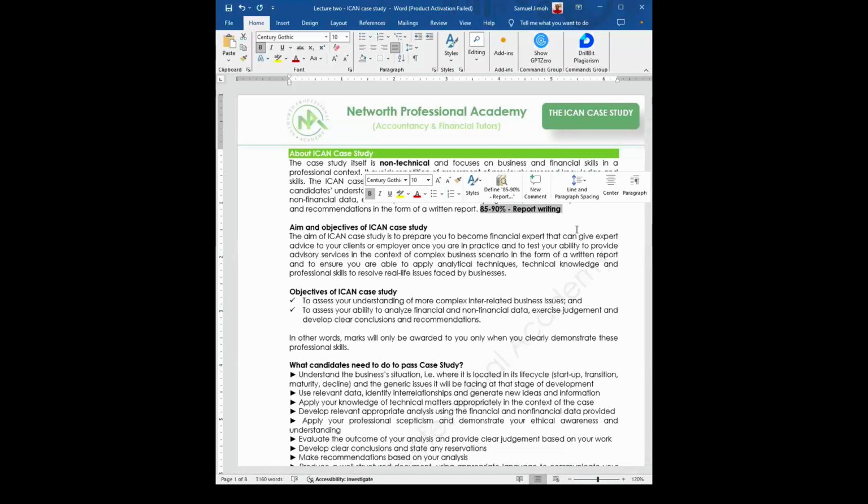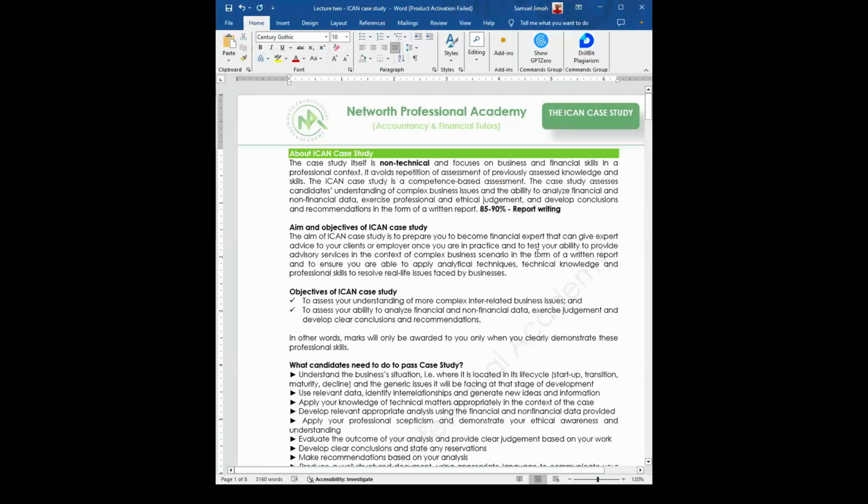The paper focuses on your ability to identify issues that affect businesses, to identify issues and solve them, so that you do not only identify them but also solve those issues, and you make a report after solving them. That is the main focus of the ICAN case study.